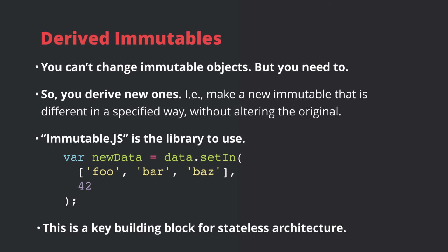So in this case, for instance, if data is an Immutable.js object and we want to set data.foo.bar.baz to be 42, then we will use the setIn function, and this will give us a new object, which will be just like data, but will now have a different field for foo.bar.baz. The important thing here is that whoever has the reference to the initial data object, that object will not be modified.